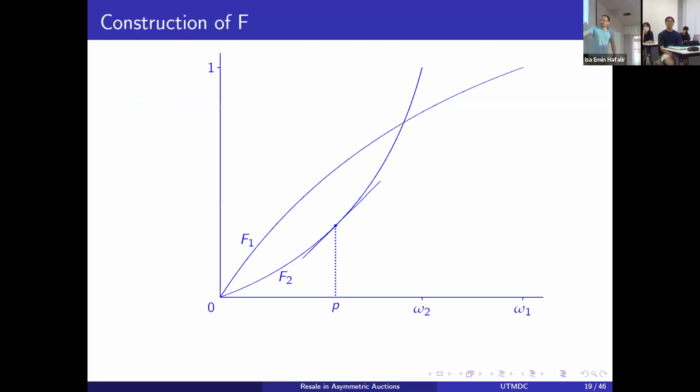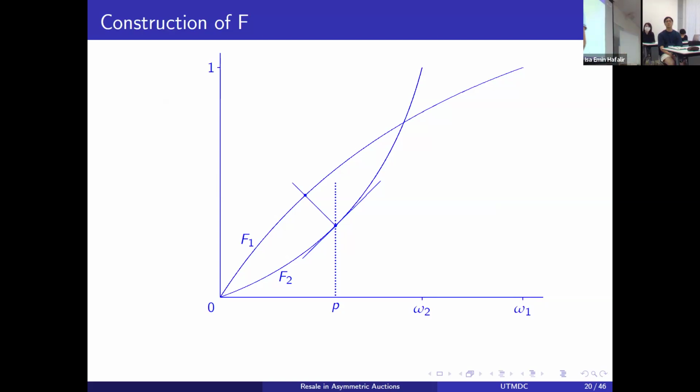So now let's look at this region, where F2 is below F1. For each P, I'm going to look at the intersection of this P and the F2 curve, and take a tangent there. Then I take a mirror image of this tangent line to this side and find where this line intersects with F1.